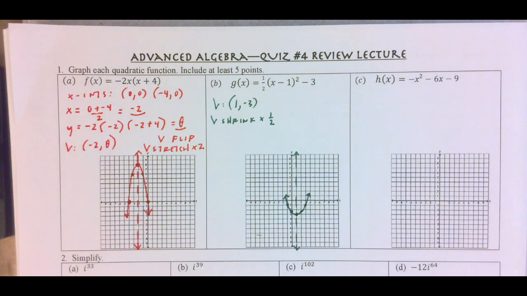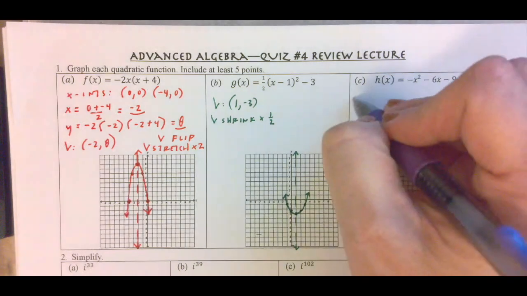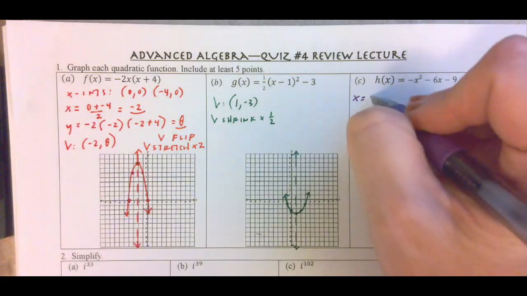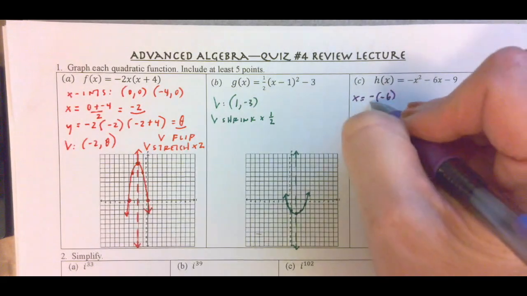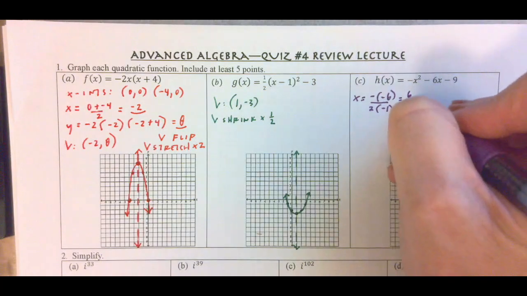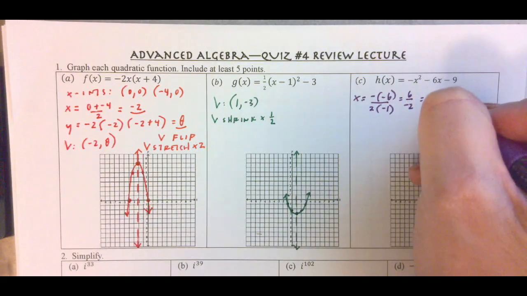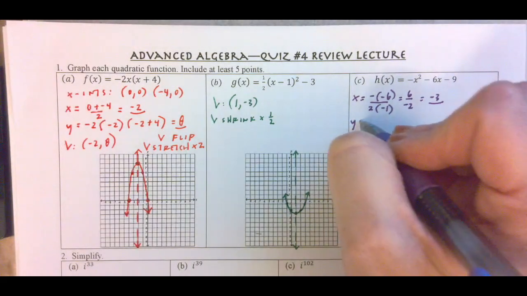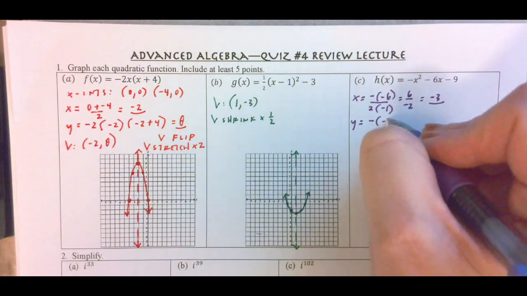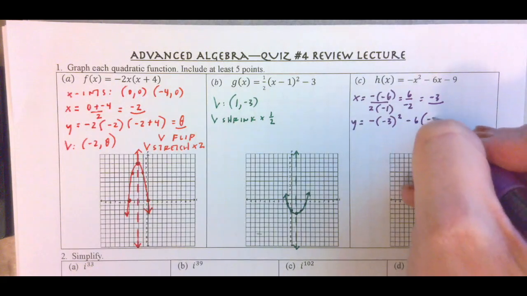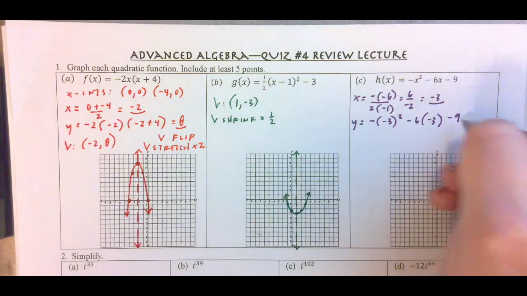Okay, last one here, it's in standard form. So if I want the vertex, I need to do x equals -b over 2a. So a -1 times a -6 over 2 times -1. So 6 over -2 is -3. Okay, plug in to get the y. Y equals -1 times -3 quantity squared minus 6 times -3 minus 9.